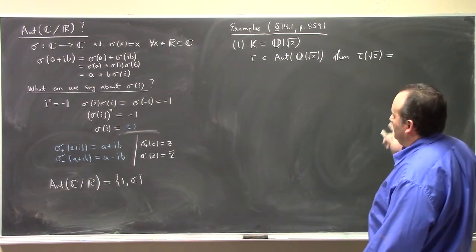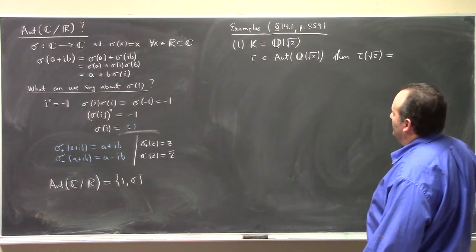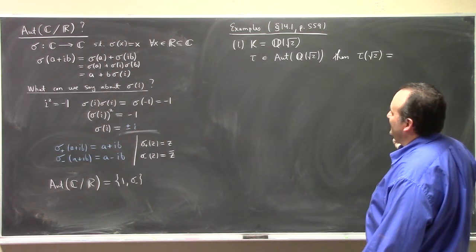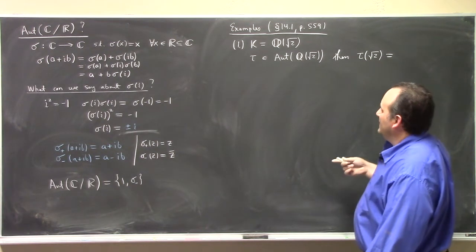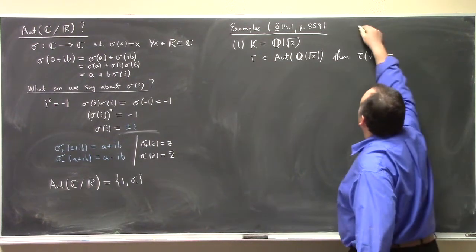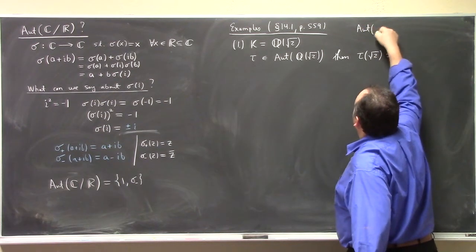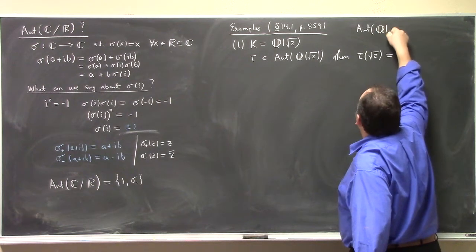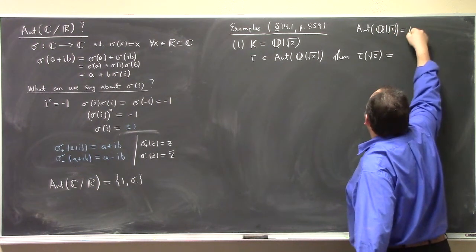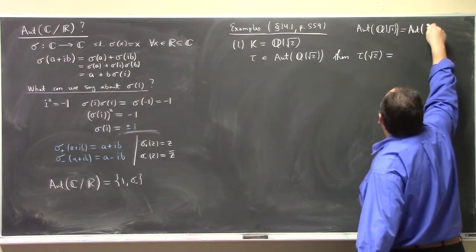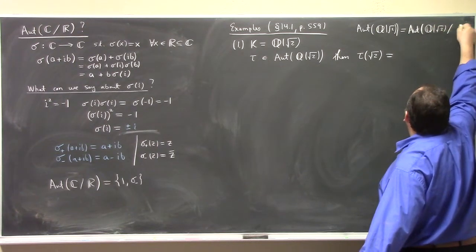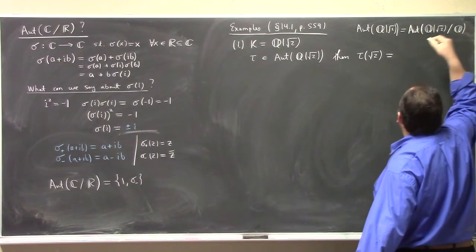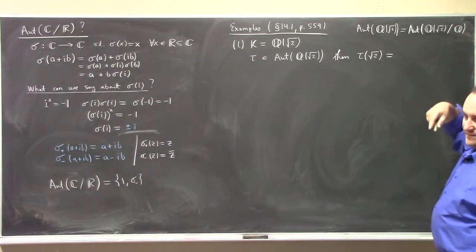The thing I just erased applies because remember, Aut Q over root 2 is the Q fixing automorphisms, right? So the theorem applies.